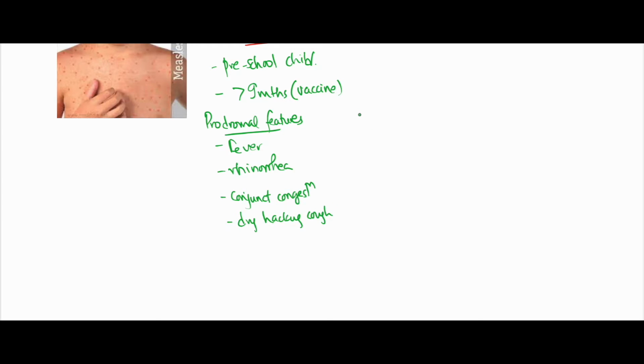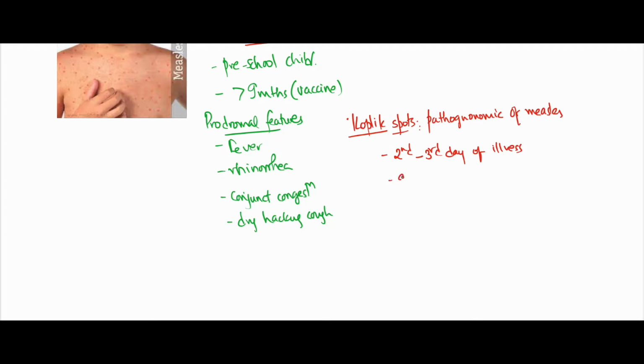Now the most important finding you have to understand is Koplik spots. What are Koplik spots? The Koplik spots are pathognomonic of measles, and they appear on the 2nd or 3rd day of illness.